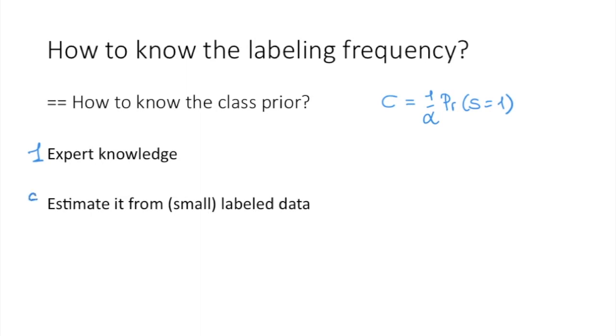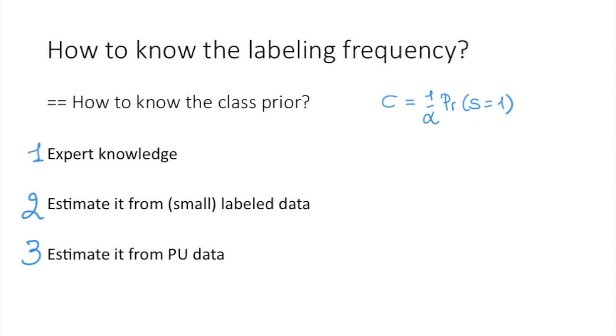Secondly, you might actually have some labeled data available that might not be enough to train an entire classifier on, but it might be enough to estimate the class prior from, and then you can use it. Or last but not least, there exist actually quite some methods to estimate the class prior from positive and unlabeled data.